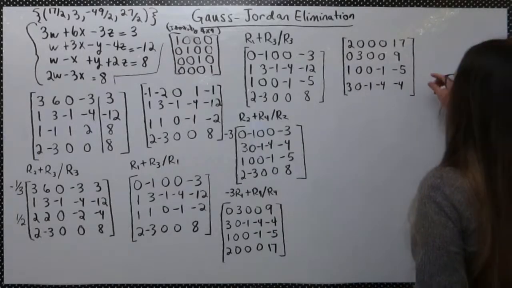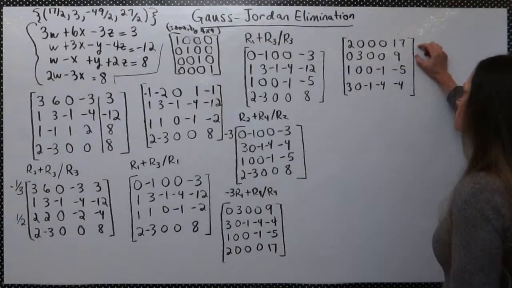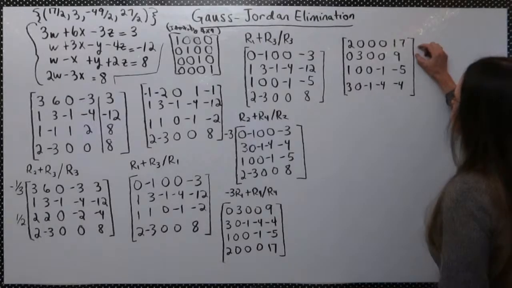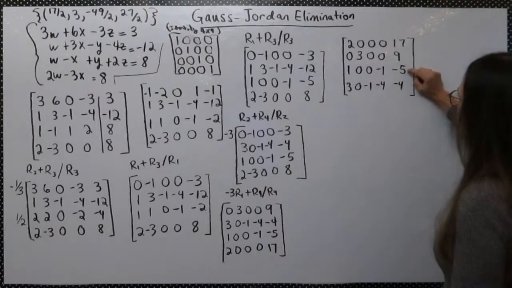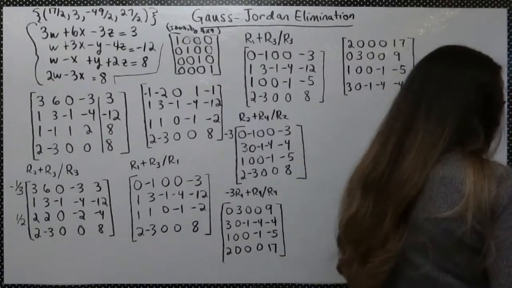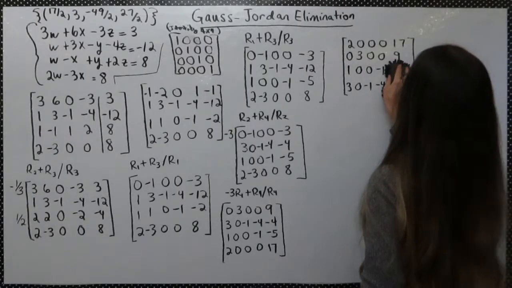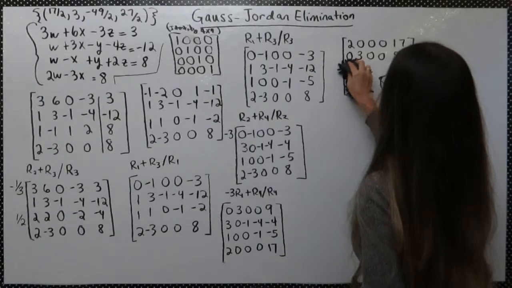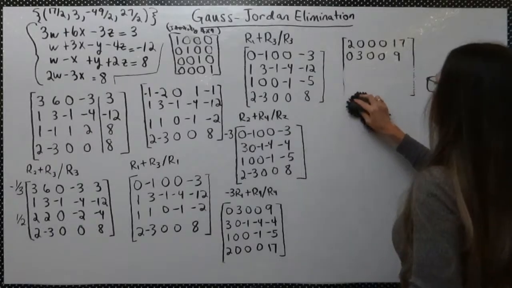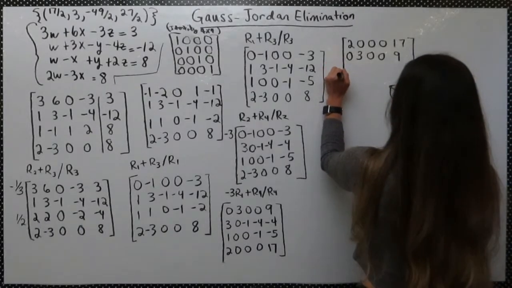So essentially we have the first two solved. Actually, I should have put this one last, I think. So let's redo this one. Let's just switch those two rows out so I'm saving room. Try one more time.